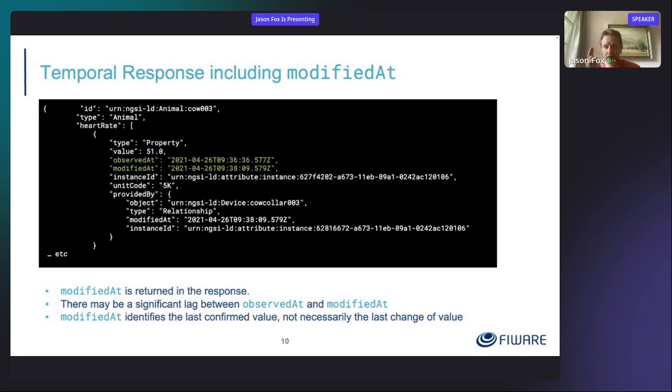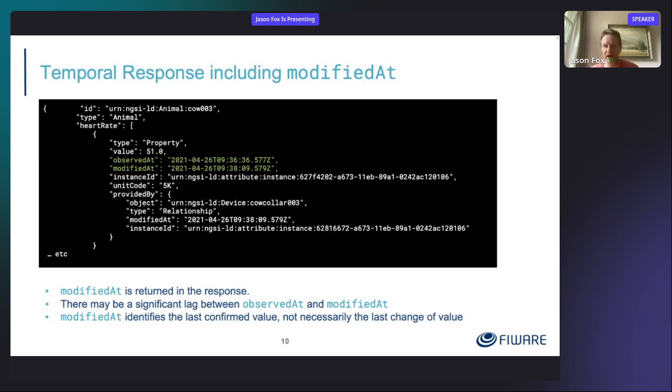This is because if you push the value 7 into an attribute, and then half an hour later you push the same value of 7 into the attribute, it hasn't modified the state of the entity, but it has got a stronger indication that the value is still 7. Therefore, modified at doesn't literally mean modified within the entity. It means modified as far as our confidence in this value is concerned.